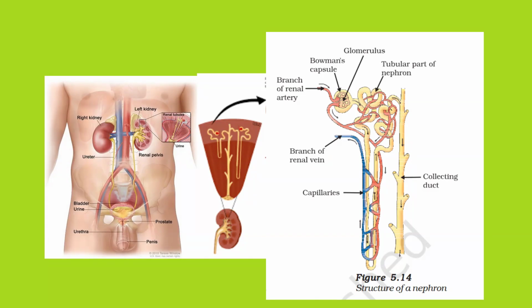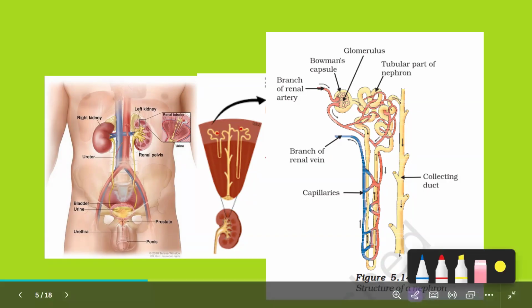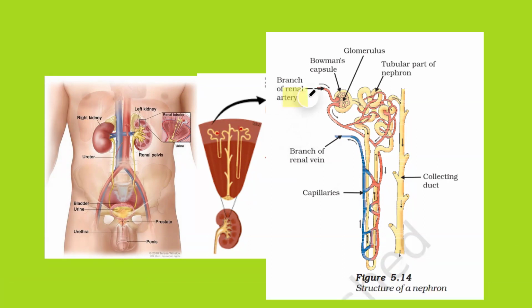Millions of nephrons are present inside one kidney, and all the filtration process takes place in the nephron itself. And here you can see the parts of the nephron. First we will see the renal artery.